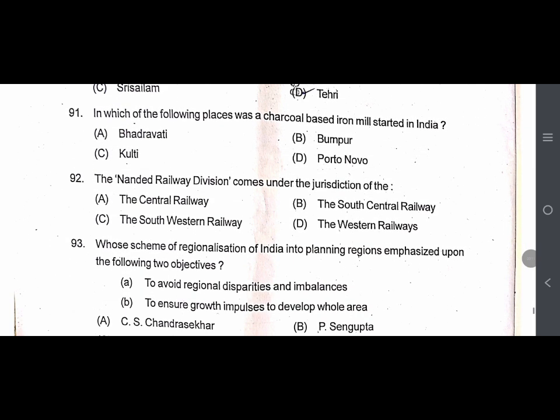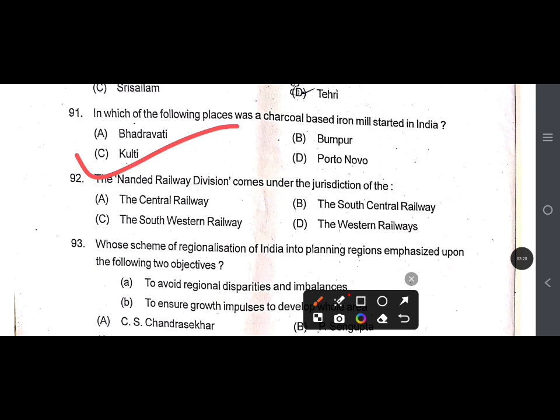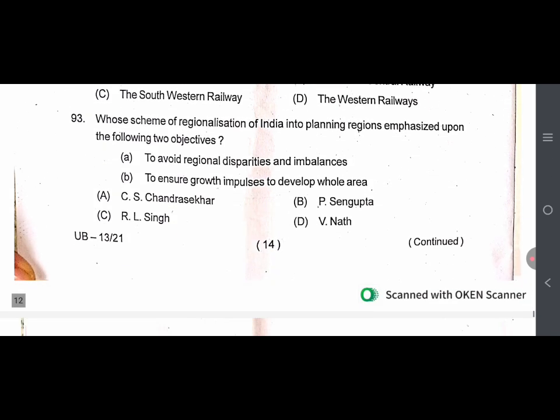91. In which of the following places was a charcoal based iron mill started in India? Okay, answer to be option C. 92. The Nanded railway division comes under the jurisdiction of the? Okay, answer to be the South Central Railway. 93.